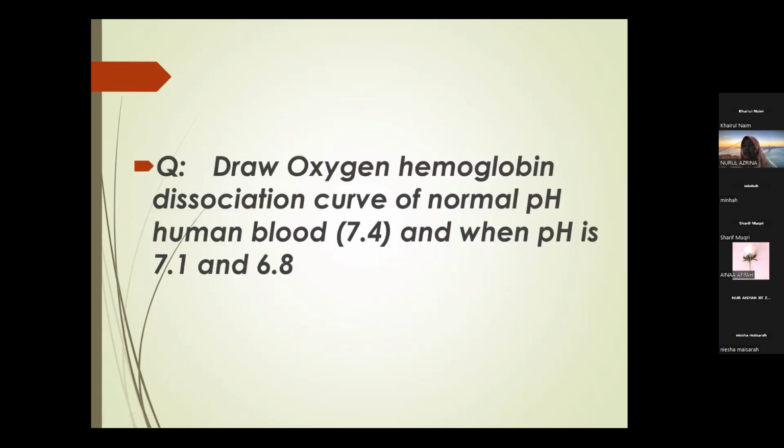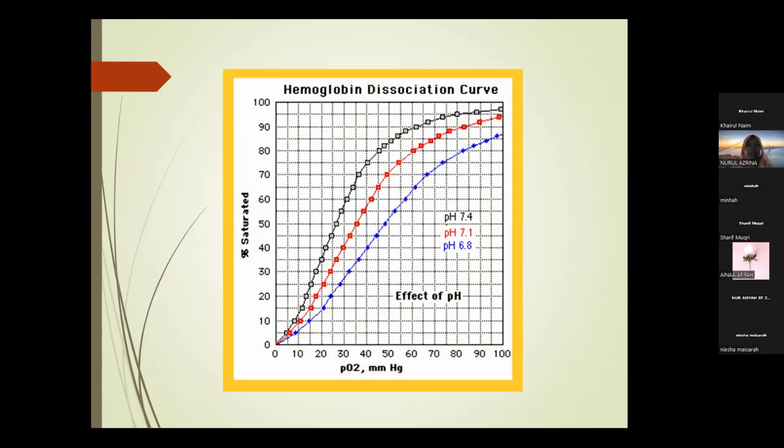Okay, now let's see the difference of oxygen dissociation curve of hemoglobin in normal pH and when the pH is 7.1 and 6.8. Okay, so let's see. Right, so this is the picture. Okay, so the black curve is the normal oxygen dissociation curve of hemoglobin.